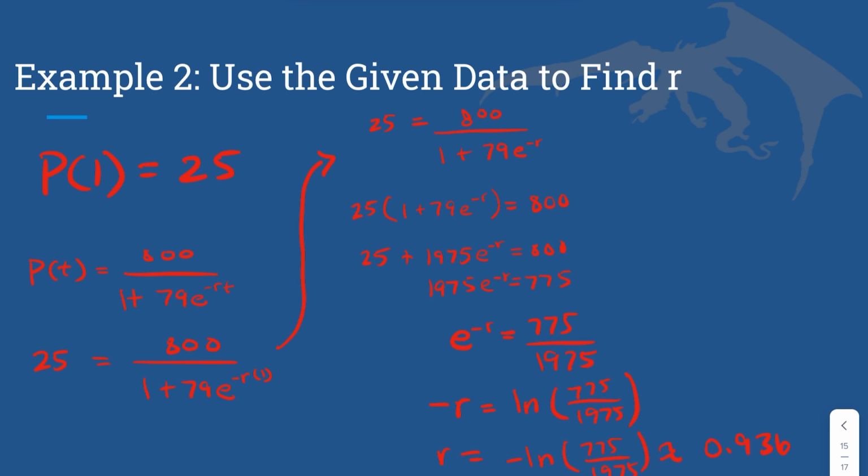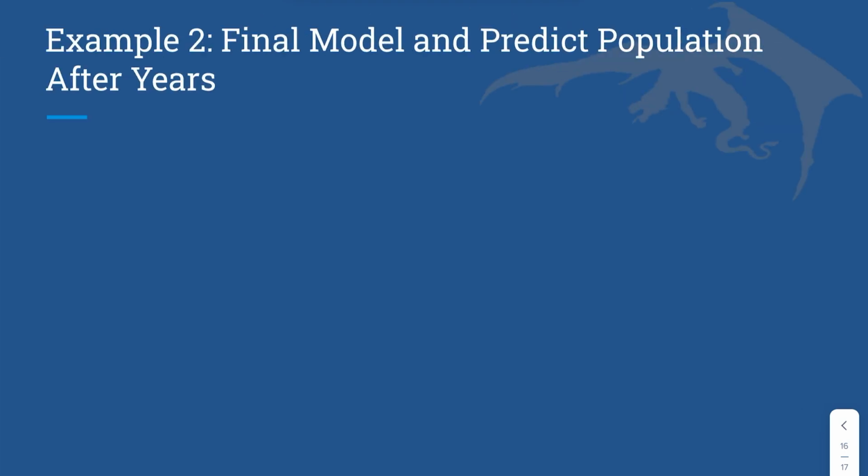We have now found our value for R, and now we can predict the number of campers that would have heard the rumor after 5 days. So after 1 day, we know it's 25.